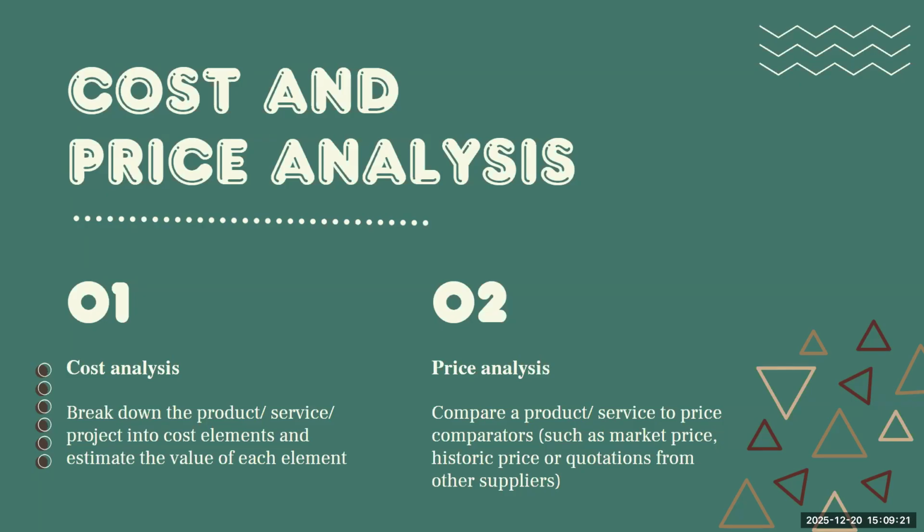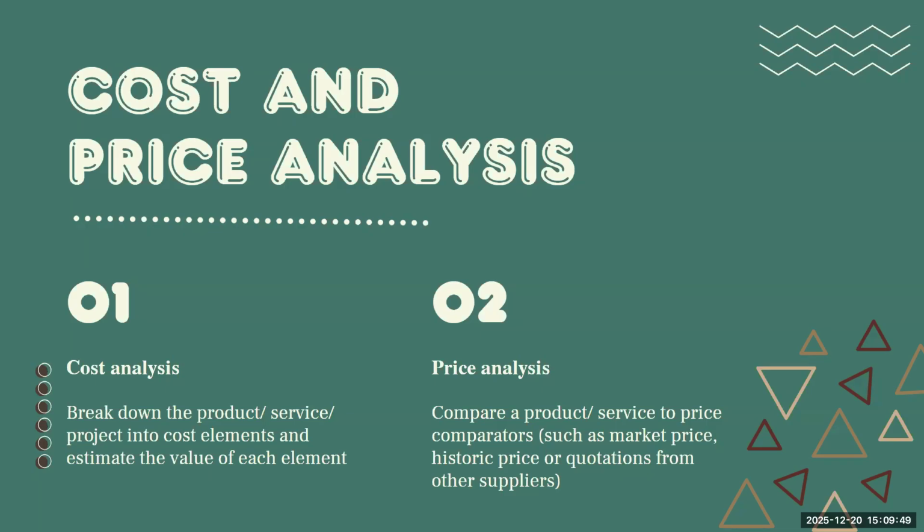On the other hand, we have cost analysis. Instead of looking at the price only, we need to look at the constituting costs of a product. So here we need to analyze the product, break it down into different cost elements, and try to find the just price for each element.